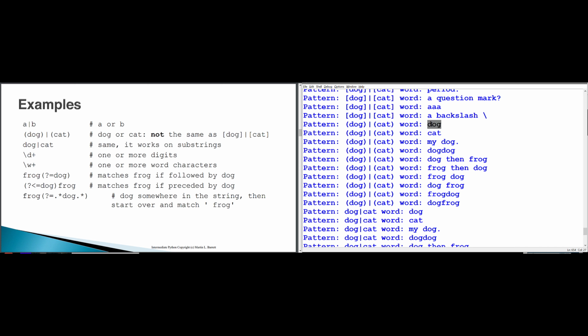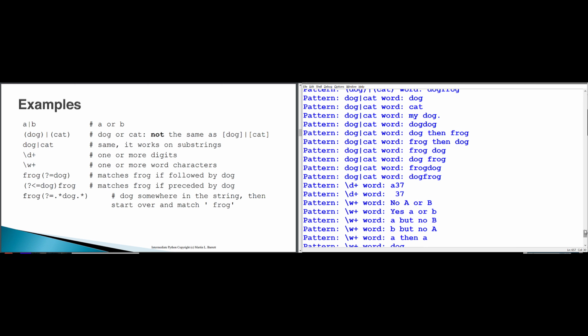Okay, so dog obviously contains DOG, cat contains CAT, my dog has DOG, dog has GOG. Most of these have DOG, but not cat. I don't actually need the parentheses to look for dog or cat. I can just leave those out and look for dog or cat, and so here we get the same matches.